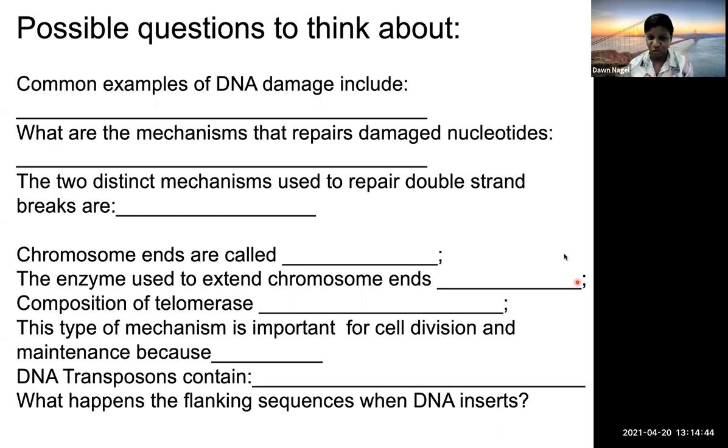You usually remove the strand or the nucleotide that's damaged. So for double-strand breaks, where both strands of DNA are broken, you want to repair them by non-homologous end joining or homologous recombination. Again, that is highly dependent on when it happens during cell division, which will determine which mechanism might be preferred.